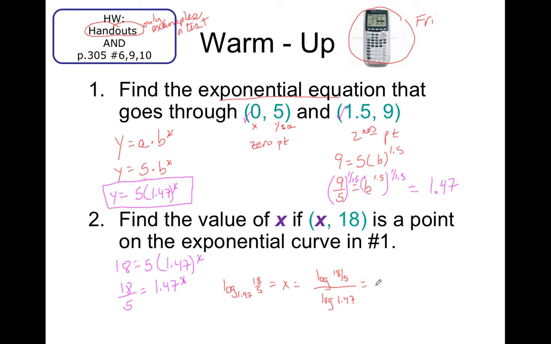If you want to use that base changer function, you absolutely can on your calculator. So I did log 18 divided by 5, and I'm going to divide that by log of the base, using a bunch of the decimal places that I had. And I got 3.5.